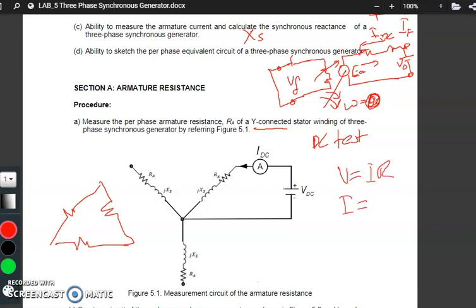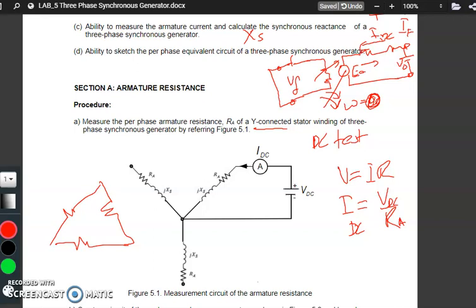So the I that comes over the resistance is equal to V over R. V here is our VDC, R here is our RA, and I here is our IDC, equal to VDC divided by that.